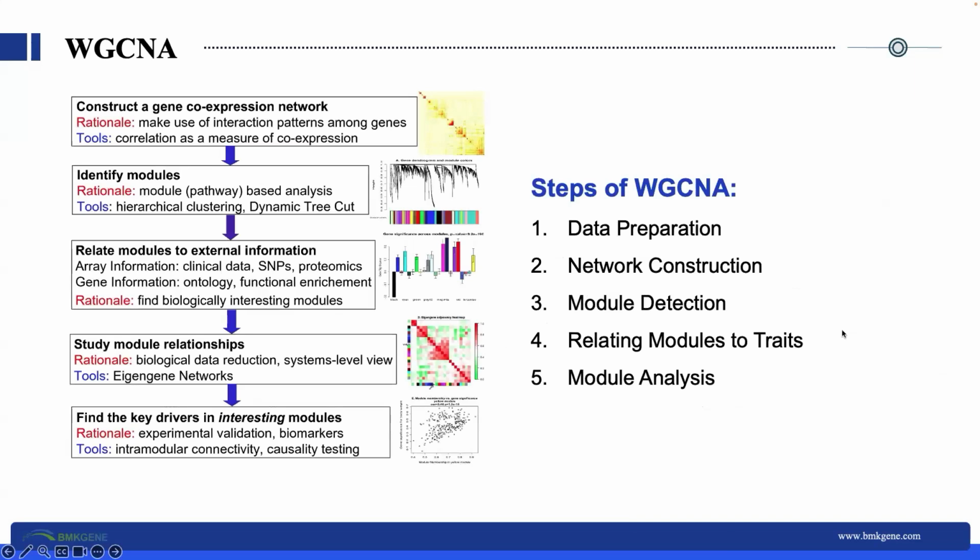Here are the main steps of WGCNA, including 1, data preparation, number 2, network construction, number 3, module detection, number 4, relating modules to traits, and number 5, module analysis. The in-depth understanding of this needs not only biological knowledge, but also a mathematics background.